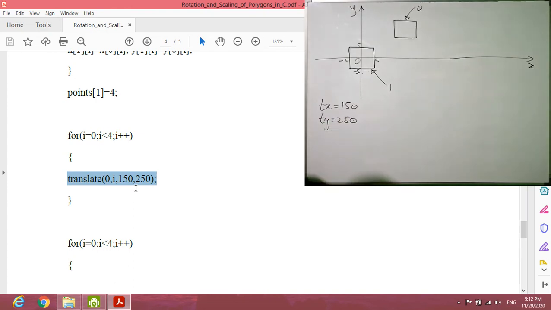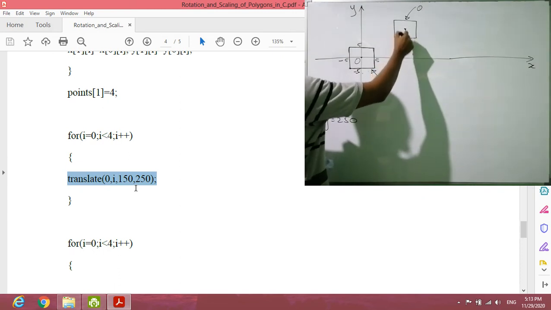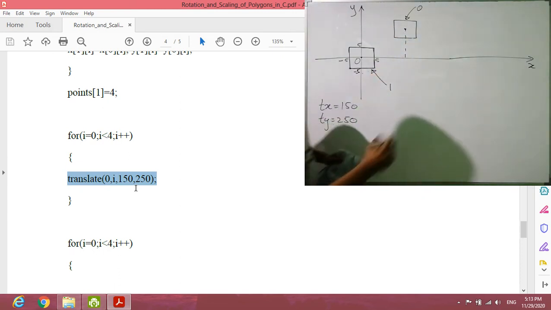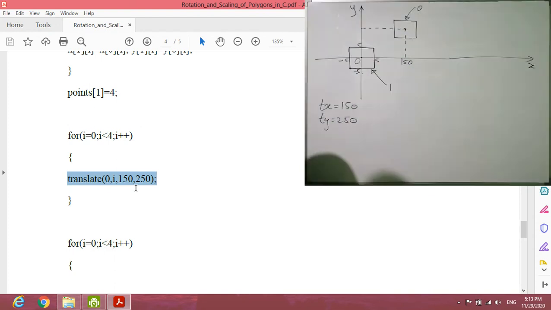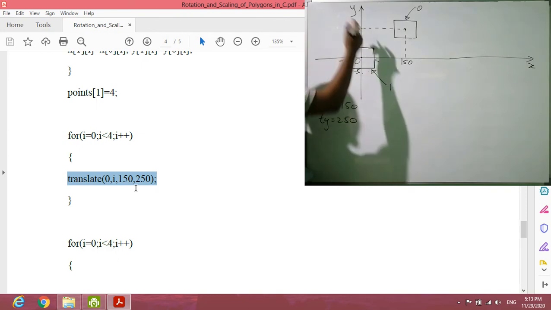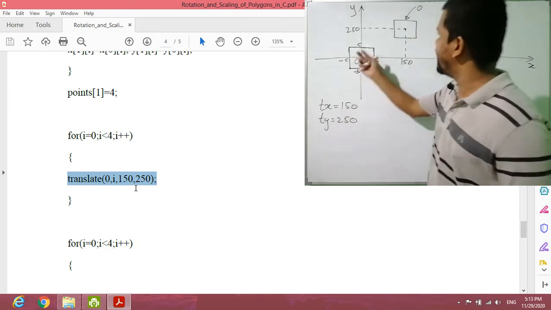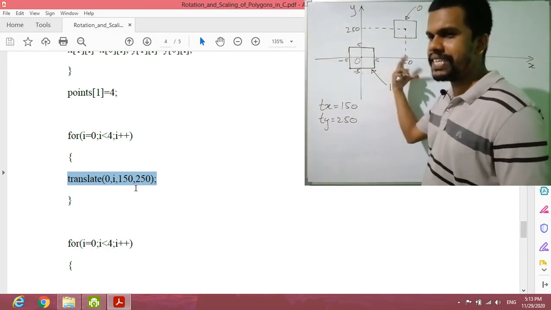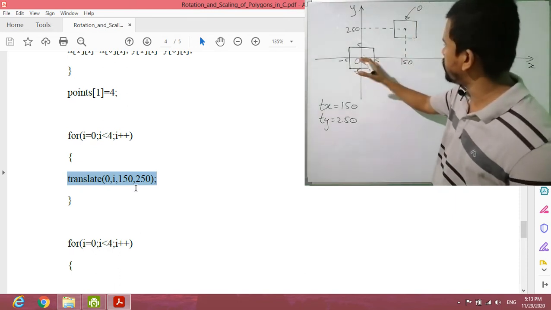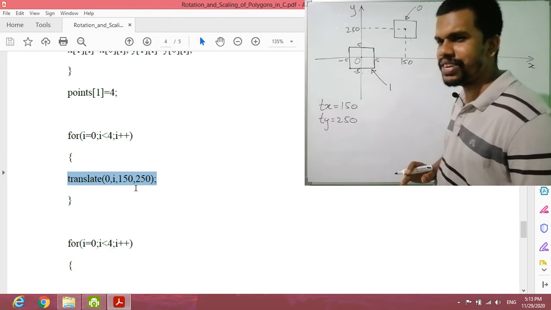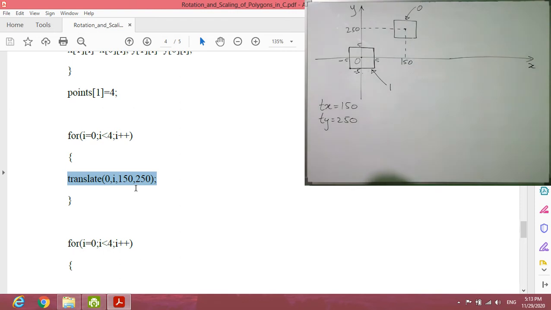Now we have applied it, and if you consider the center here as the origin, the center will be 150 here and 250 here. They are not in the scale, okay, so don't worry about that. These coordinates are not in the same scale, but for simplicity I just have represented 5 and 150. Don't worry about that, just worry about the figures, not the scale.